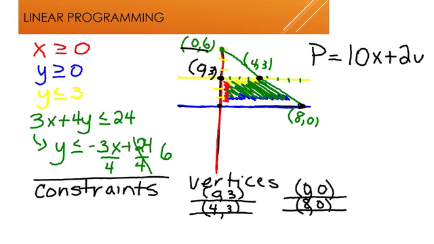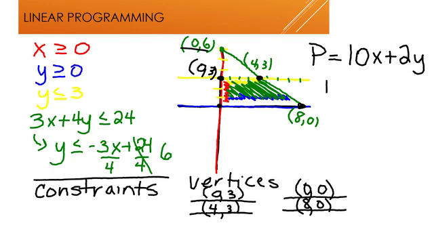Let's say the head of the company comes in and says, this is where we need to be working. So what we need to do is test our vertices to see at what point we were maximizing profit, or maybe it was a minimum. On the quizzes and the test, they'll ask what was your maximum and what was your minimum. So we're going to calculate each one of these.